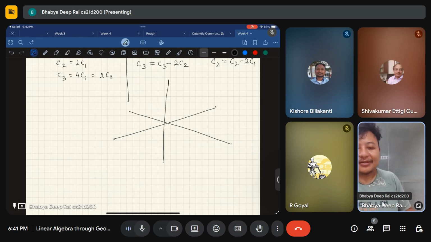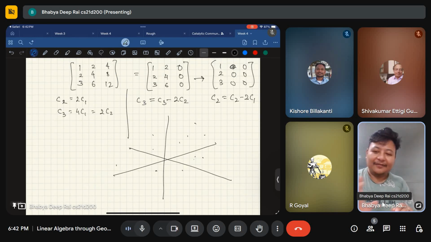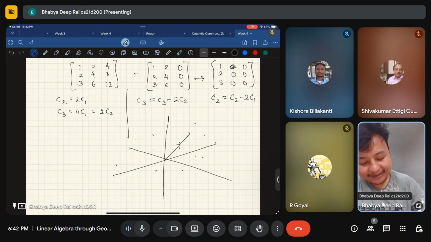If you have a 3-dimensional space, a vector space represents, using combinations of vectors, where you can travel to in the space. Since all three of these vectors are linearly dependent, 1, 2, 3 will be something like this, 2, 4, 6 will be like this, and 4, 8, 12 will be like this. What Gaussian elimination does is remove all those vectors which are duplicates of each other.